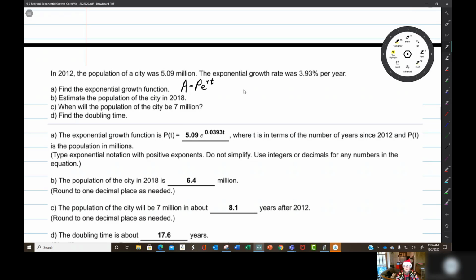And for population growth, you have P of t, population after a time, equals the initial population times e to the kt, where k is called the growth constant.